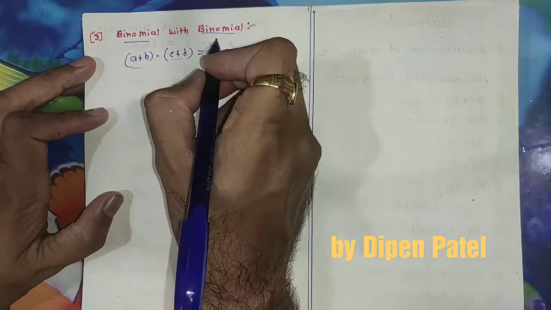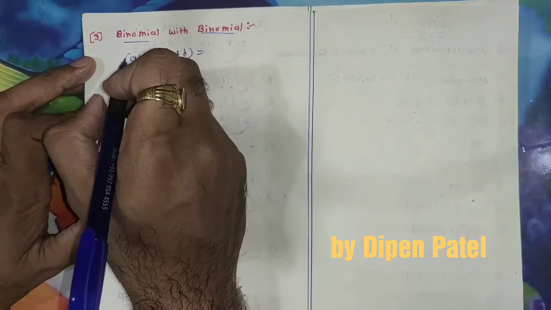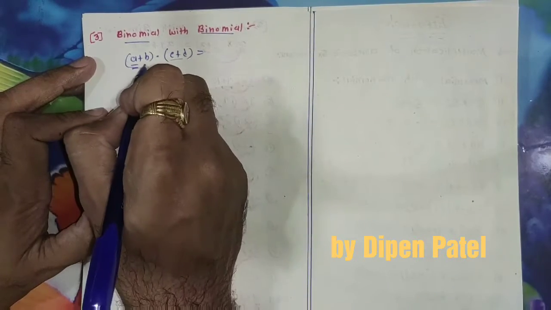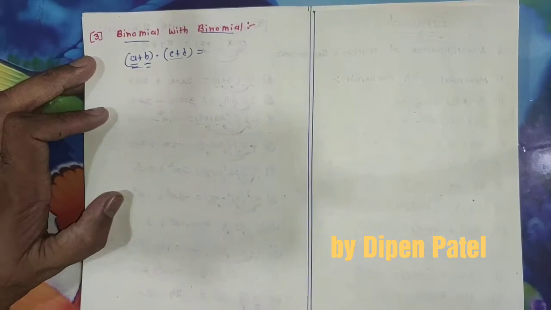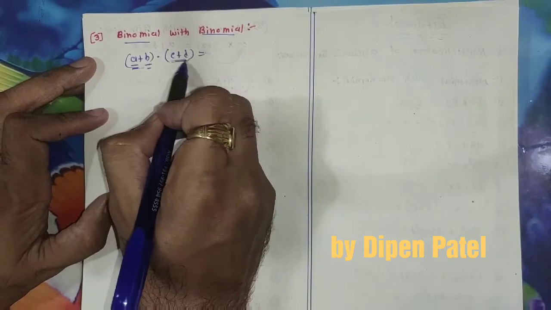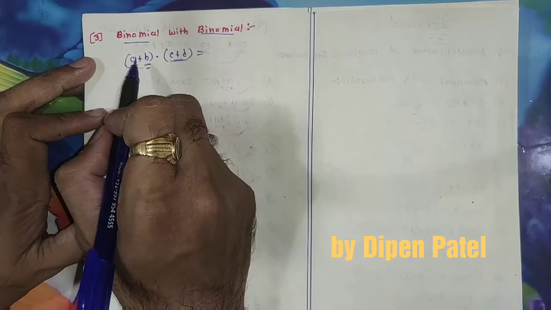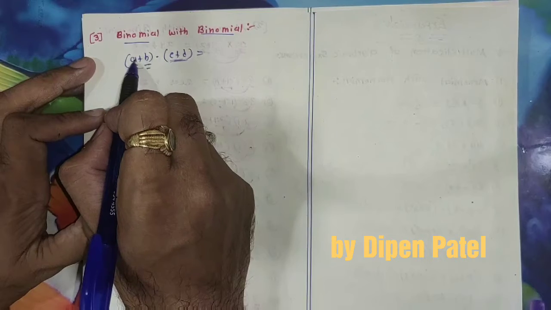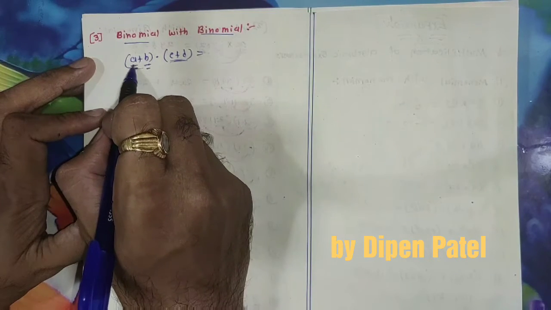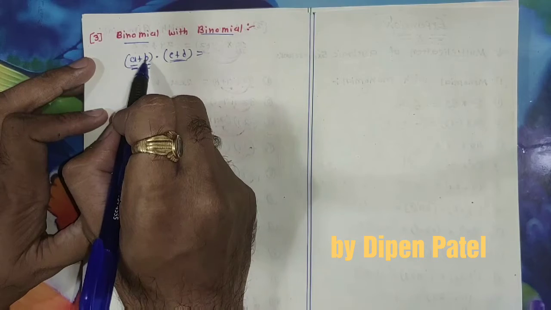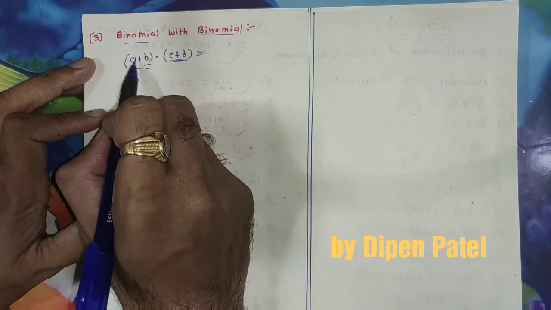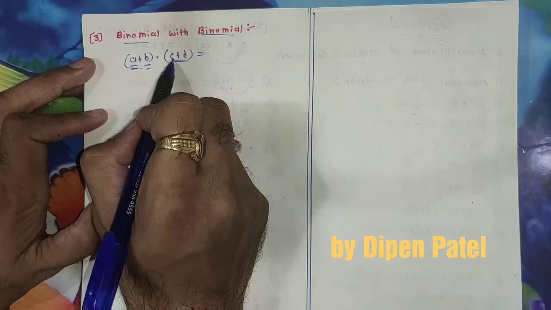For the multiplication of binomial with binomial, you have to consider the first term of the first binomial and the second term of the first binomial, and separately multiply both the terms with the second binomial.